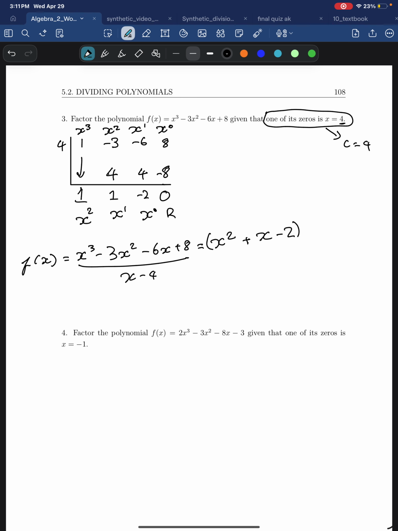And because I want to know what this expression would equal, I'm not interested in the division necessarily.